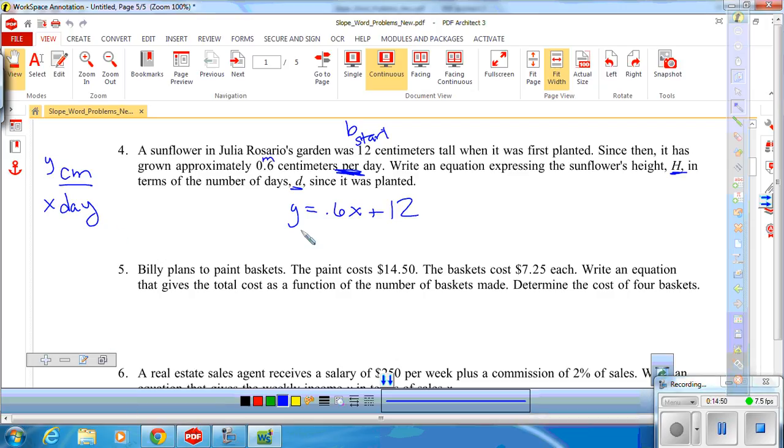So that means that x must be my number of days, so that's going to become d. And then y was the top in centimeters, so that must have been the height. So h equals 0.6d plus 12. And that gives me the equation for that particular situation. Where did it start? That's my y-intercept. What is its rate? Slope is a rate.